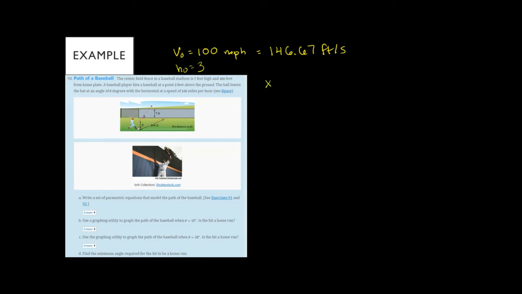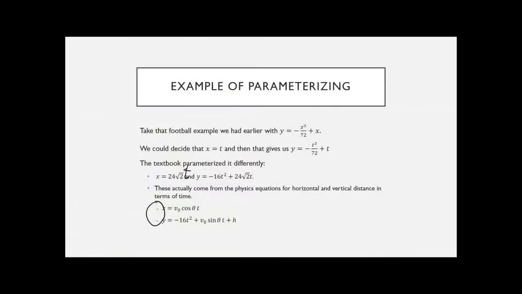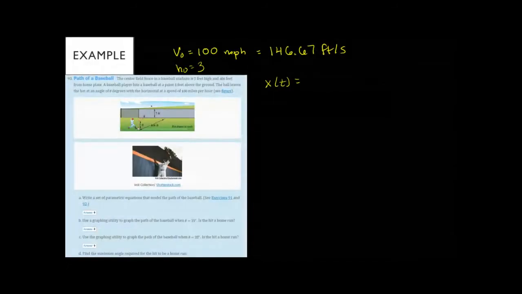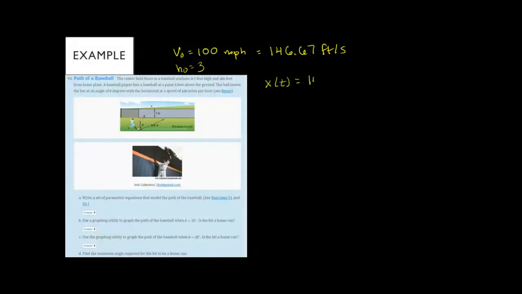So our two equations, x of t, or you can just do x equals, is v naught times cosine theta t. So v naught is 146.67 cosine theta t. We currently have an unknown angle for right now.